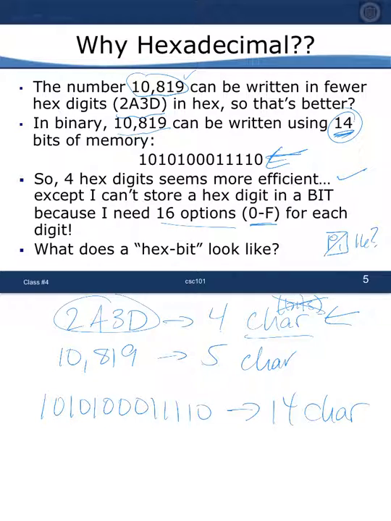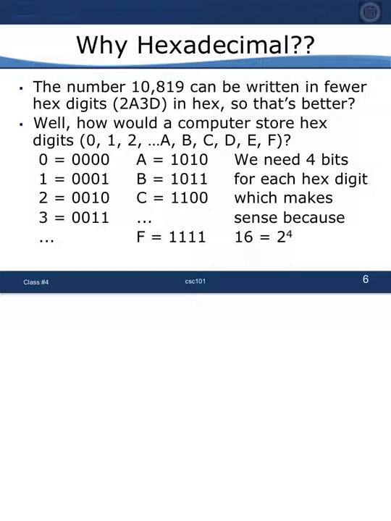So how would I do this? And maybe a better question is, what does the hex equivalent of a bit look like? Well, I need 16 options. I need to code all the numbers 0 through 9, plus the first 6 letters that we're using in our numbering system.